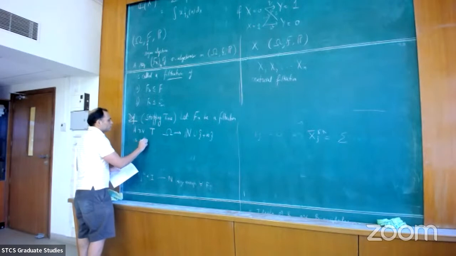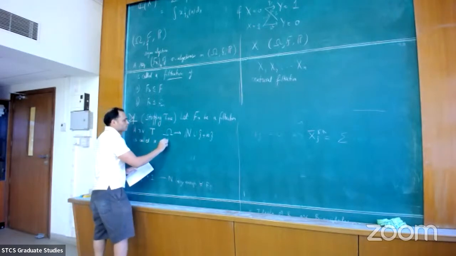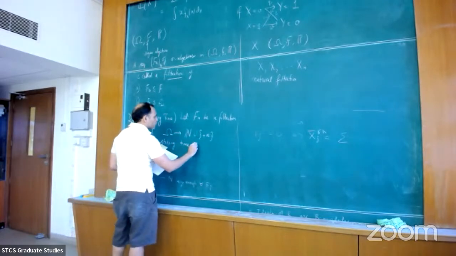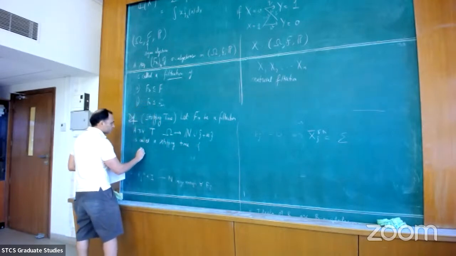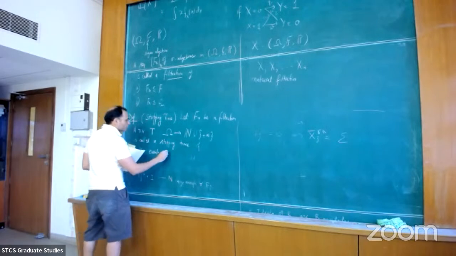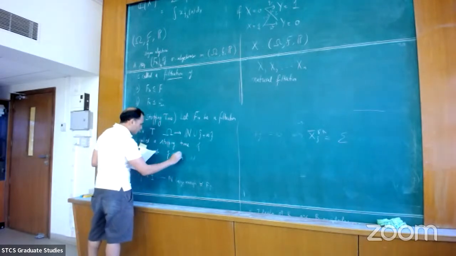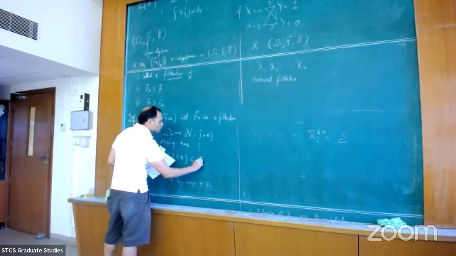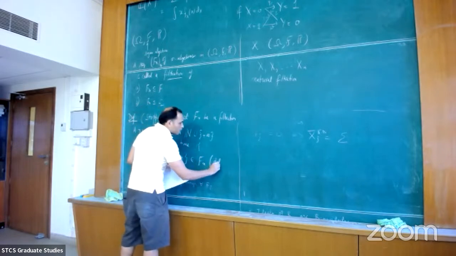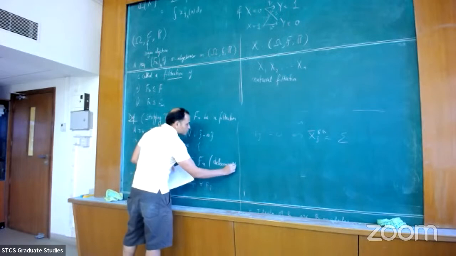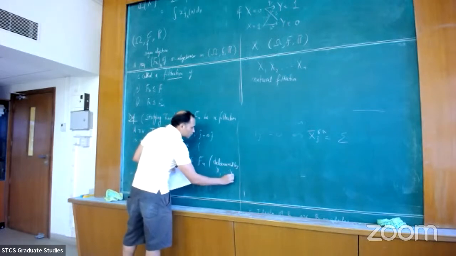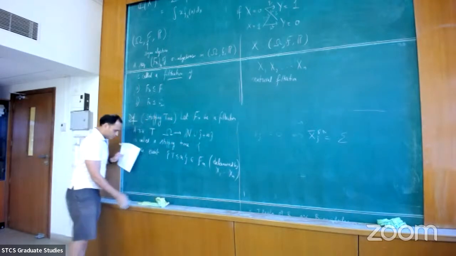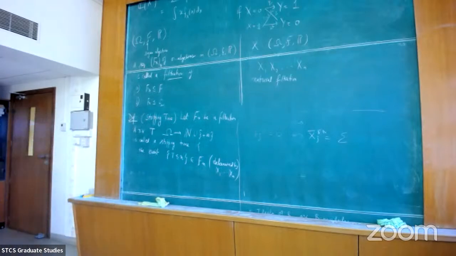It is called a stopping time if the event T less than or equal to little n belongs to Fn, or is determined by x1 through xn. We'll pass this definition, not an obvious definition.